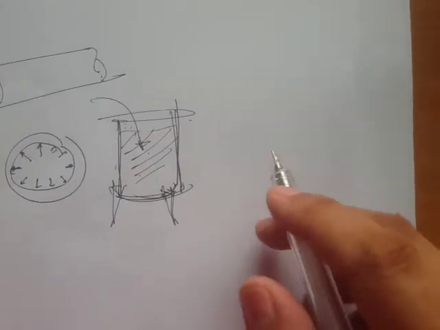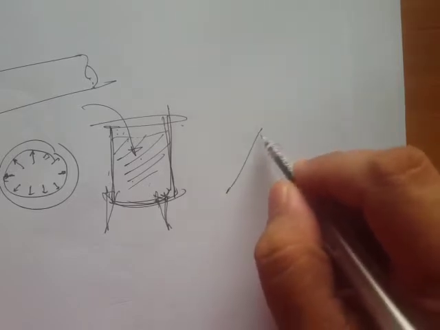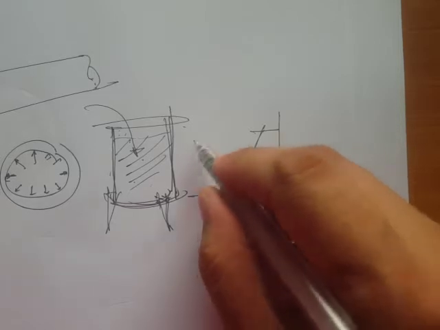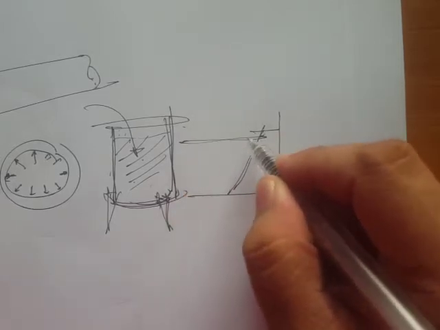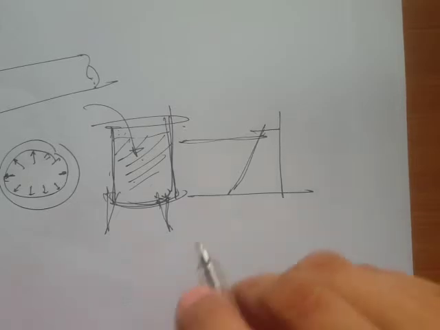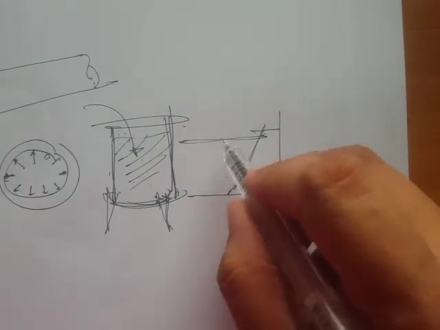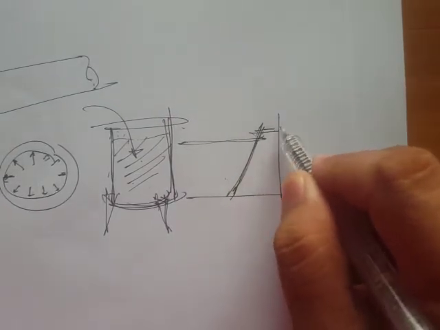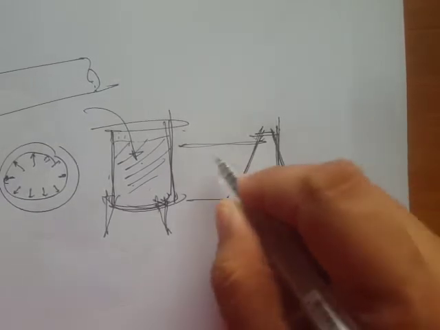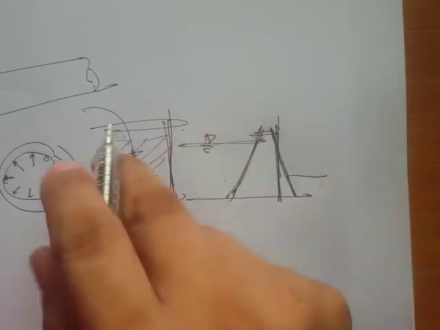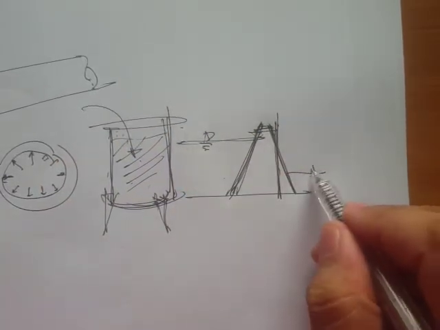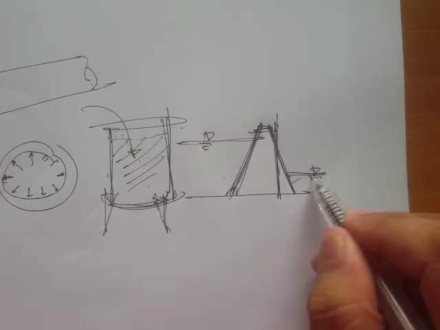Okay, another application is in the design of dams. In the design of dams, you're actually storing your water by just putting a dam right here, right? So let's say this is the left side, and then the right side, this is the water level.